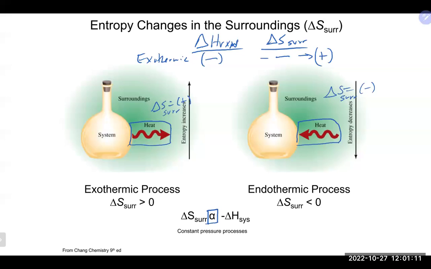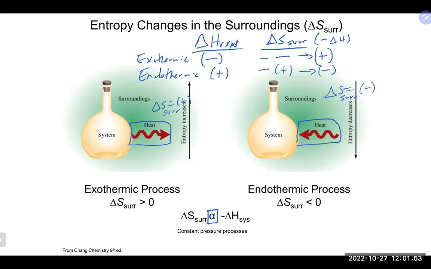Same thing if it's endothermic. If we have a positive value for delta H because it's endothermic, the negative of our positive ends up as a negative number. And that is what we see here. So you see the opposite effect on the surroundings, whether it's an endothermic or exothermic reaction, because either it's gaining that energy or releasing that energy. Any questions on that there?